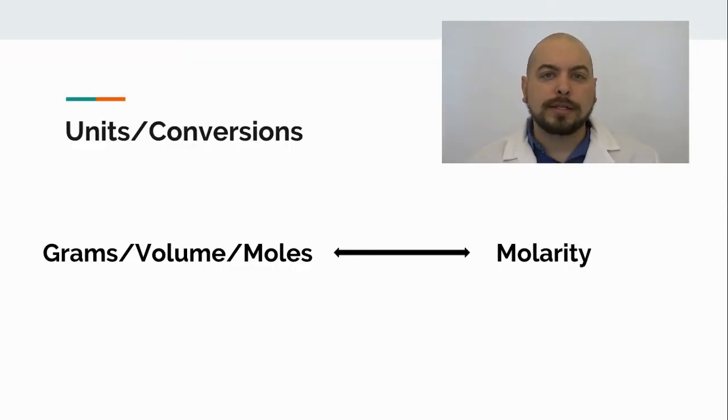So as with a lot of the different types of problems that we've seen in solution stoichiometry, when we're doing acid-base neutralization reactions, you're oftentimes going to be given a unit such as grams or moles, and you're going to have to convert it into molarity in some way, shape, or form. Although sometimes you're going to be given molarity and convert it out into grams or moles.